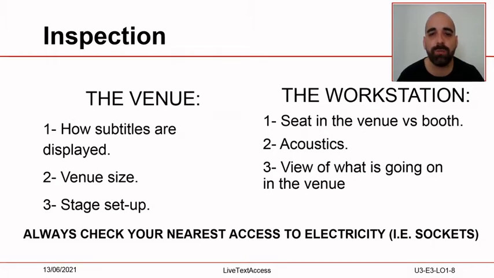When you work for TV or in parliamentary meetings, your subtitles are usually broadcast on TV or online, and the subtitler often works remotely. During your inspection, you must check the location where the event will take place, which we will call the venue, and where you will work, which we will call the workstation.